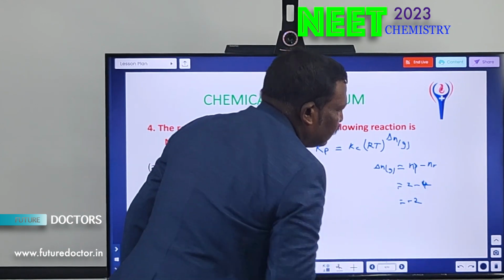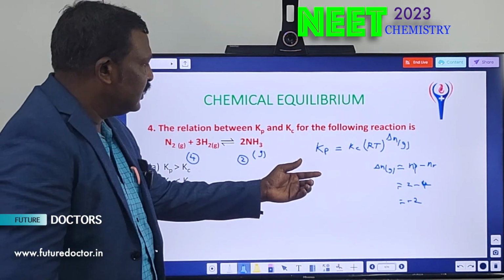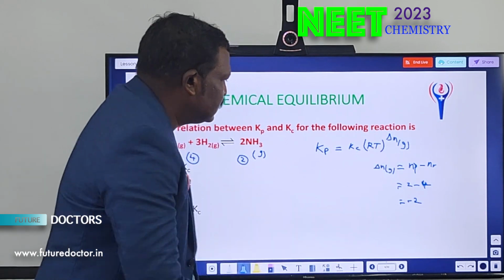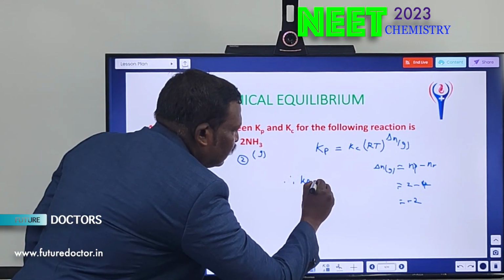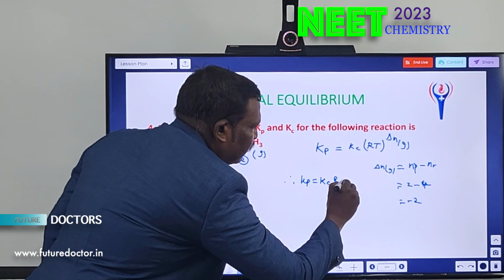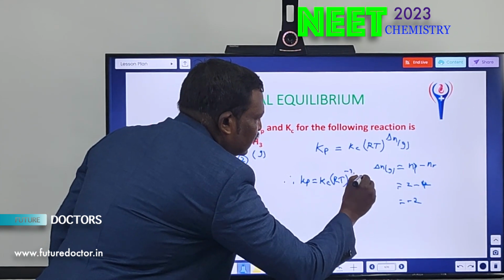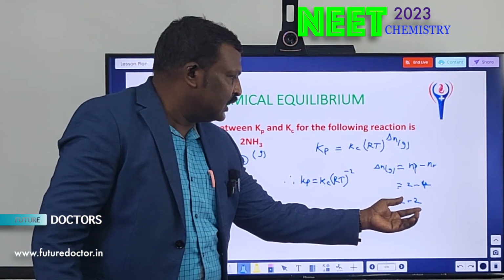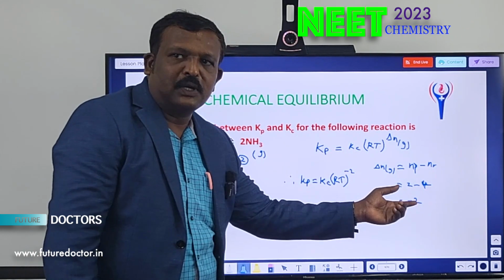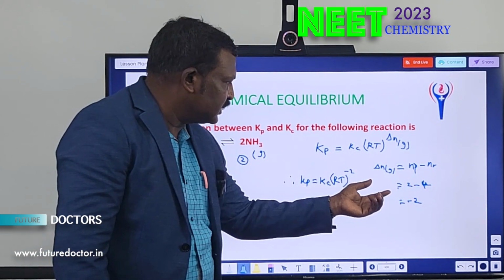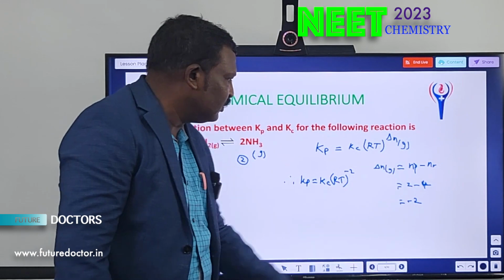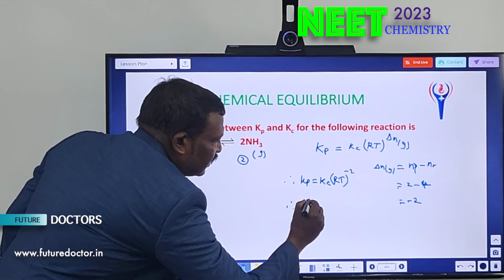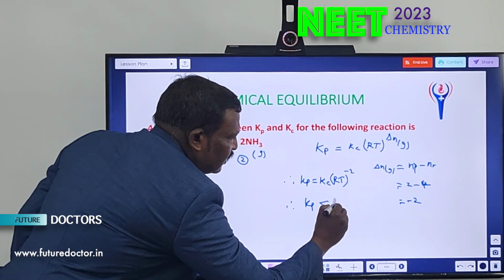Now substitute: Kp is equal to Kc into RT power minus 2. Just remember, delta Ng negative means Kp is less than Kc. Delta Ng positive means Kp is greater than Kc. So here, delta Ng is negative, so Kp is less than Kc.